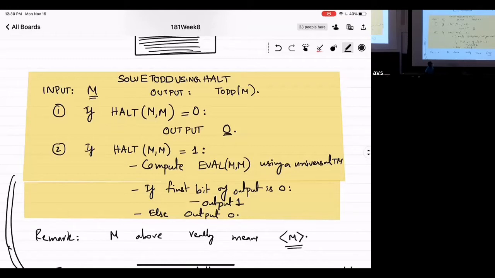So we are actually not just checking whether the machine is halting, we are also computing the actual output of Todd. When the machine m doesn't halt on m, we are matching the functionality of Todd exactly, right? And the same for other cases. That's why we are able to compute Todd here.